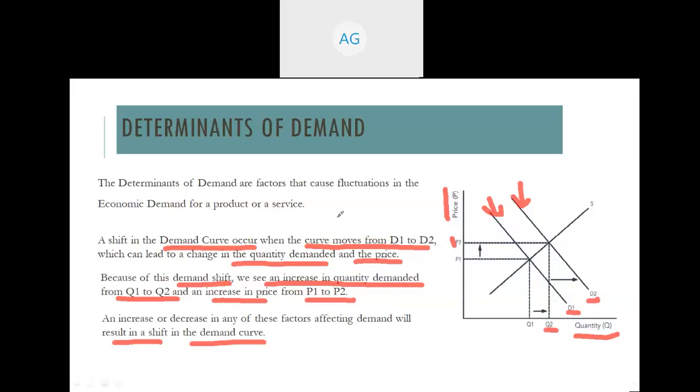So this is the graph which determines the factors which contain the demand. So basically, it contains three factors which are interdependent on each other: the quantity, the price, and the demand. So moving to the next slide.